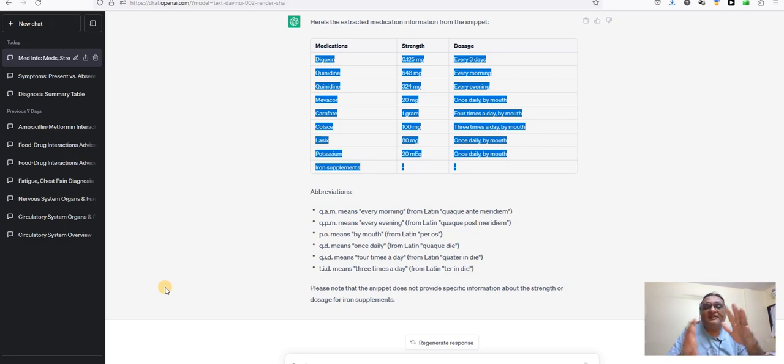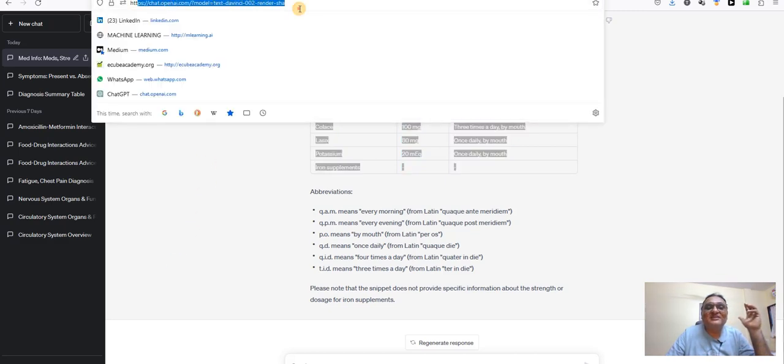So it is possible to integrate, and many great apps have already been developed, as we will see in subsequent lectures. They are so attractive and user friendly that you do not have to go to the ChatGPT website every time and generate the answer. But this is the backbone, this is the root, and those apps also get their answers from this only.